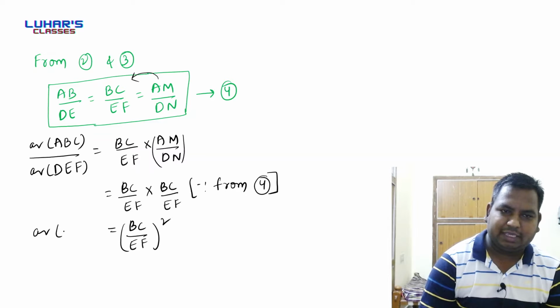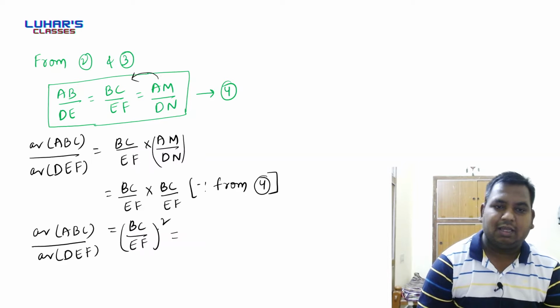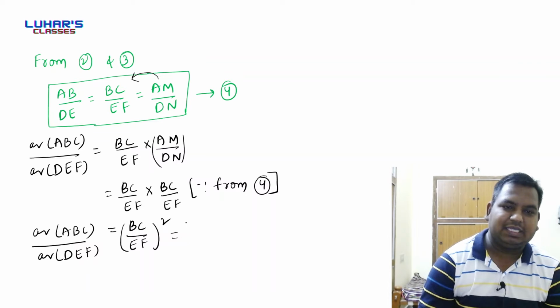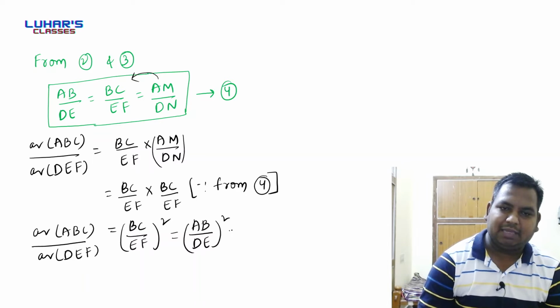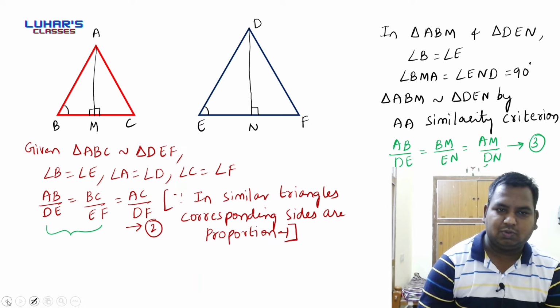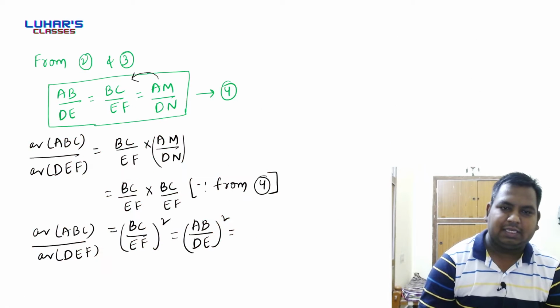So area of ABC by area of DEF is equal to BC by EF whole square, but BC by EF is equal to AB by DE, which is equal to AC by DF.